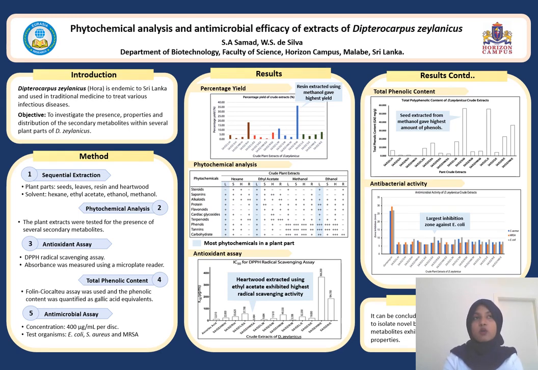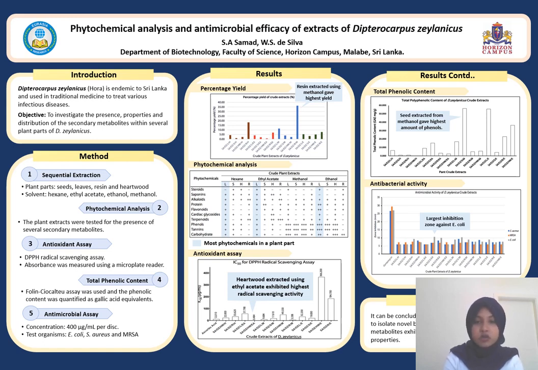So the lower the IC50, the better the extract. Since ascorbic acid gave 12, the extracts which gave a lower IC50 value must be better than ascorbic acid as antioxidants.